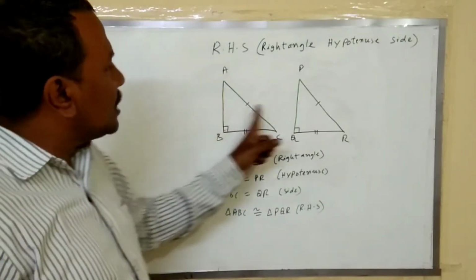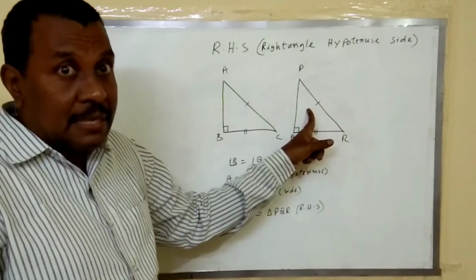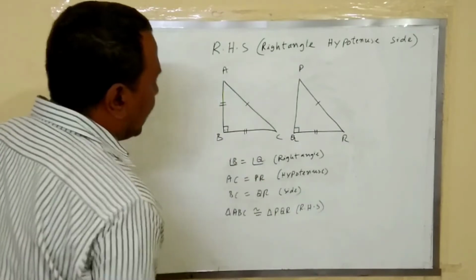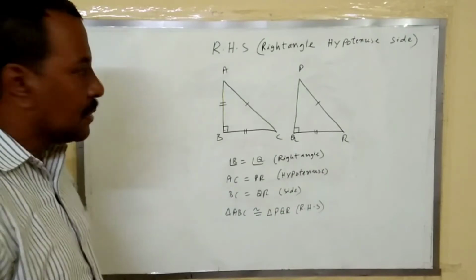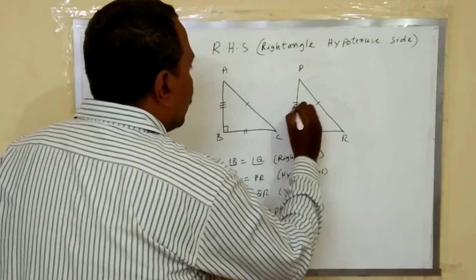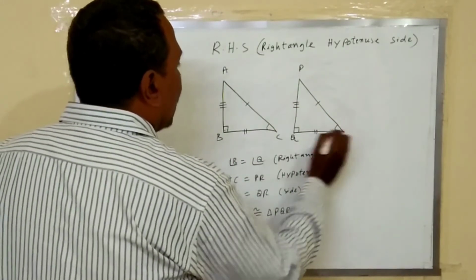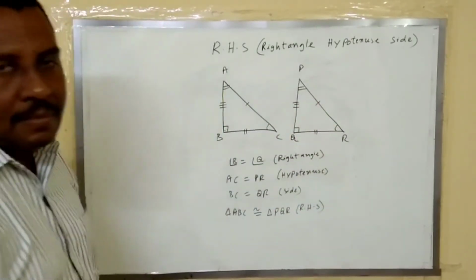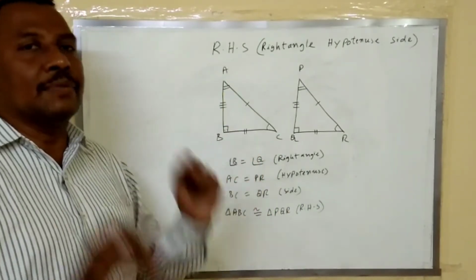If these two triangles are congruent according to RHS congruency, what about the remaining corresponding measurements? Since triangle ABC is congruent to triangle PQR, AB is equal to PQ, angle C is equal to angle R, and angle A is equal to angle P. These remaining corresponding measurements must be equal.